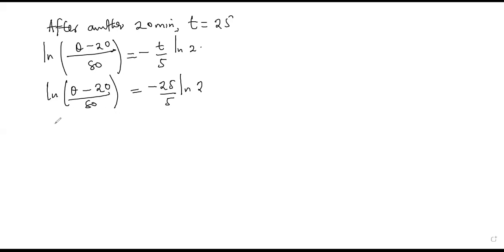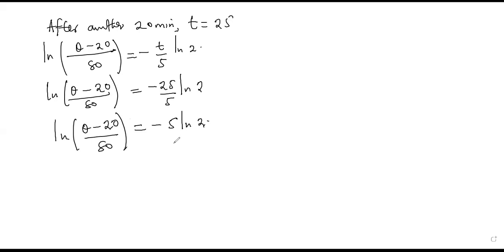So it means that ln((theta minus 20)/80) is equal to negative 5 ln 2. Okay.